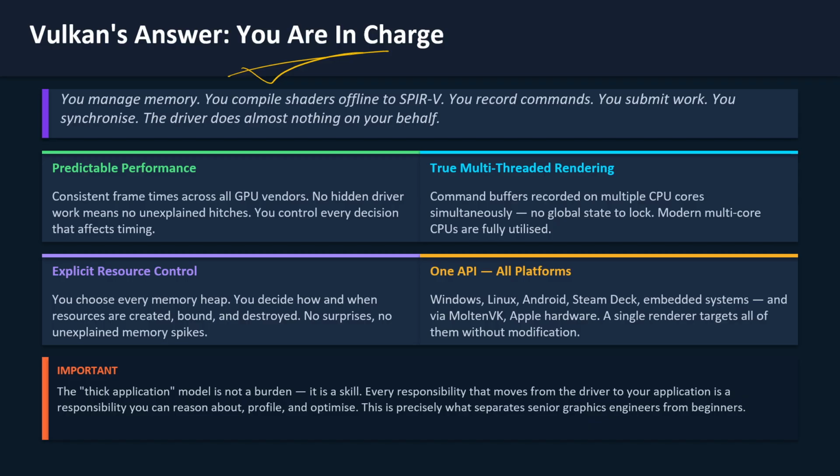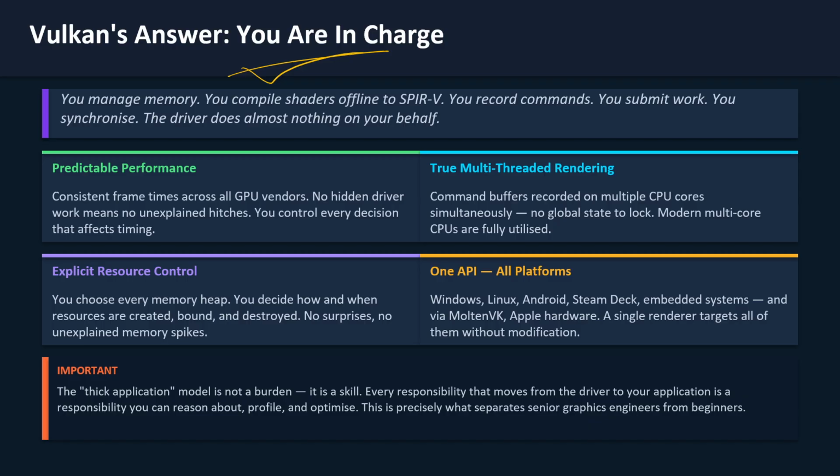End of the day, it gives you explicit resource control. It helps you avoid memory spikes and any unexpected driver allocation, so your application becomes more predictable. It's more visible and in your control.